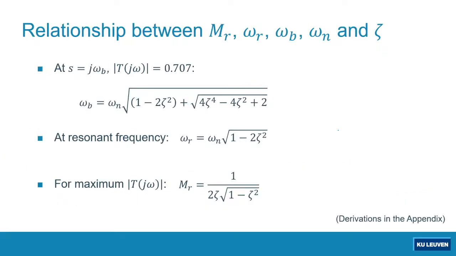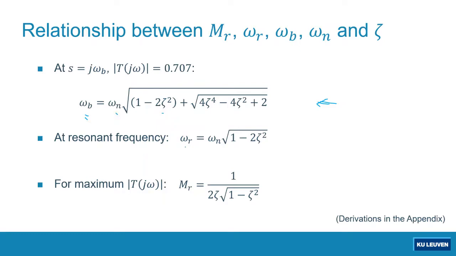Now, in this slide you can see the relationships between the MR, omega r, and omega b to zeta and omega n. I will just show 3 formulas here. The first formula correlates the bandwidth frequency to zeta and omega n.